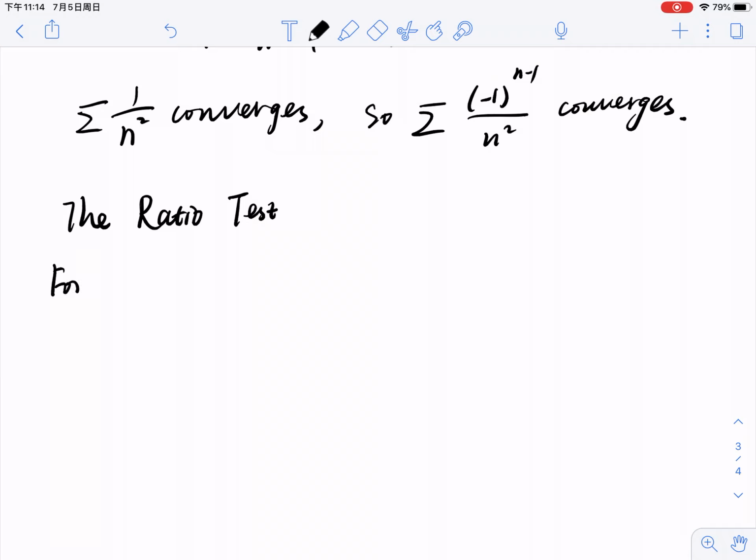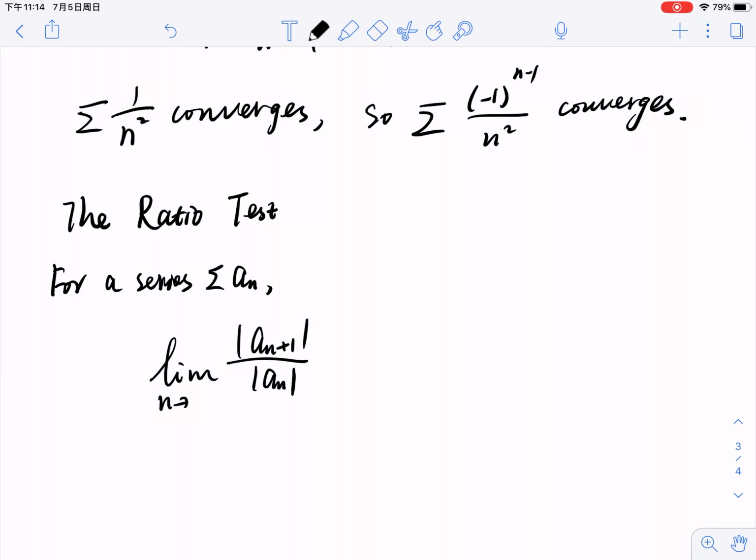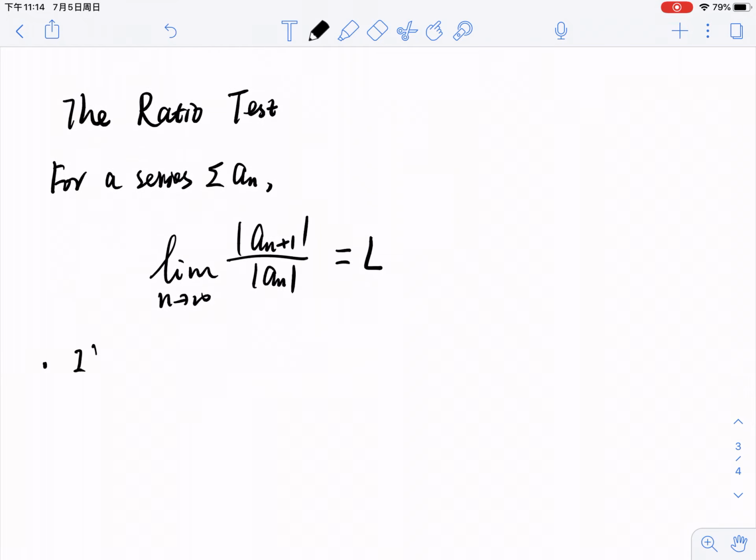So for a series, suppose the sequential ratio has a limit, that is, the limit of the absolute value of a_(n+1) divided by the absolute value of a_n as n goes to infinity is L. If L is less than 1, then sigma a_n converges.